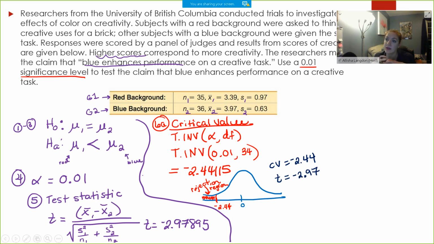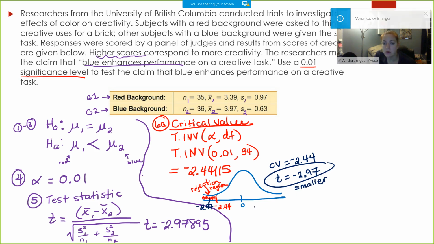Now remember, the larger negative is actually smaller. So the larger negative is farther to the left. So it'd be in that rejection region. So which one is larger, the CV or the test statistic? Our t value is going to be farther to the left. So this is going to be like negative 2.97, chilling in that rejection region. So this is smaller.